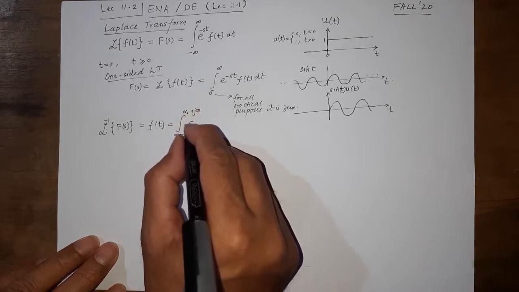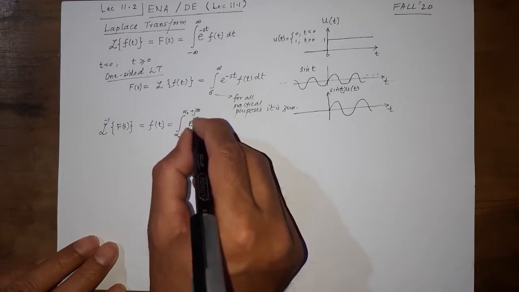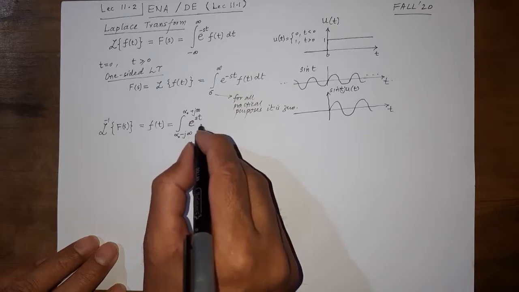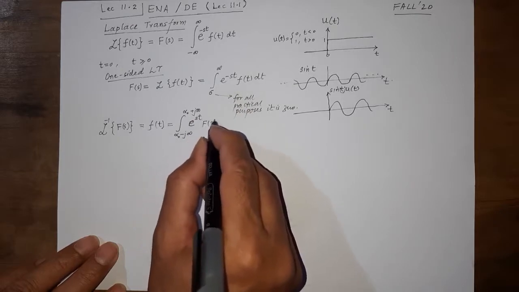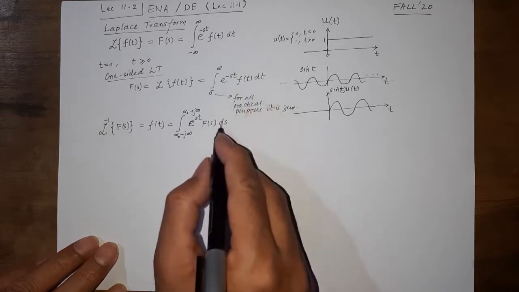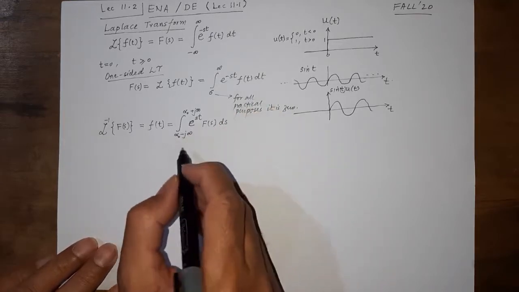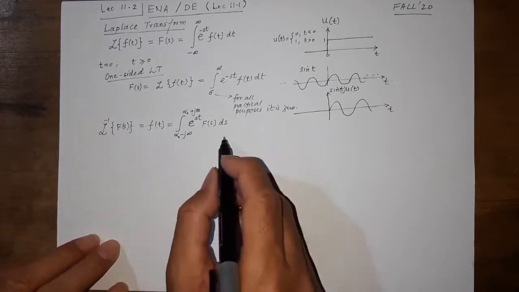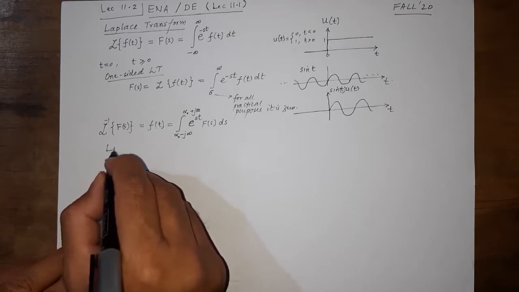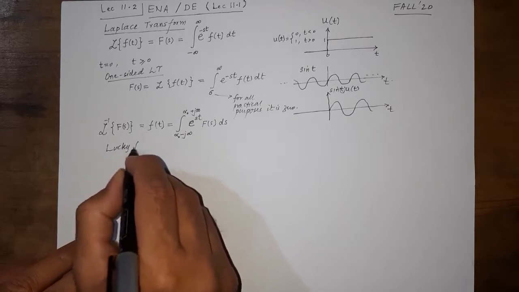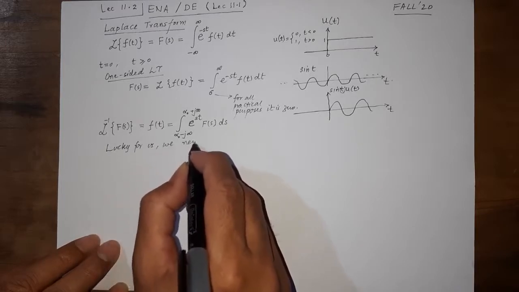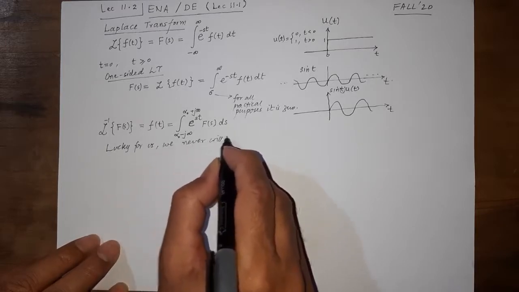F of s here gets multiplied by e raised to the power st. Here we have e raised to the power minus st, and here e raised to the power plus st, with respect to ds here, and with respect to dt there. This is a very complicated integral, and lucky for us, we will never solve this.